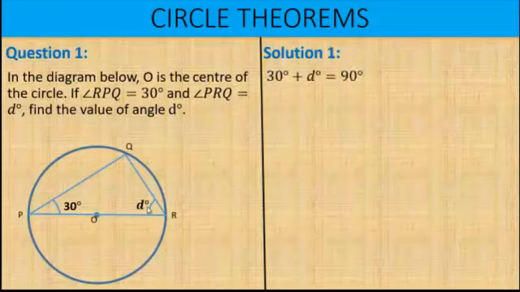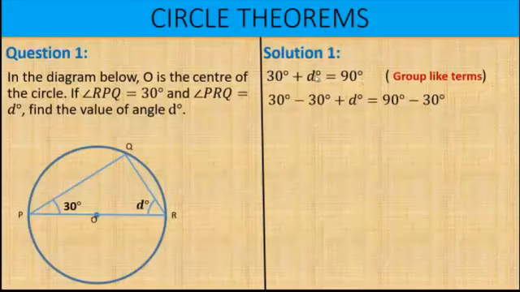So we add them. 30 degrees plus D degrees equals 90 degrees. Then we have to group like terms in order to find D degrees. And that is not done by magic. 30 degrees here should be taken to the other side of the equation. And to do that, we add its additive inverse.